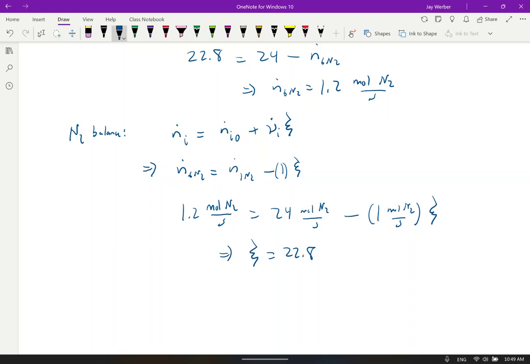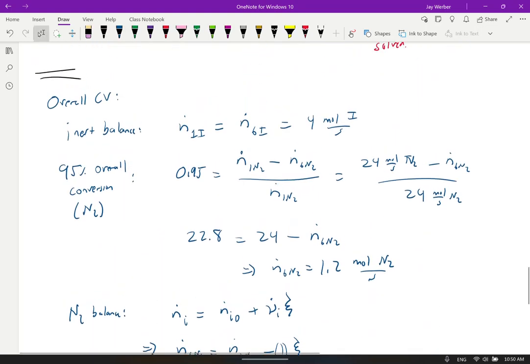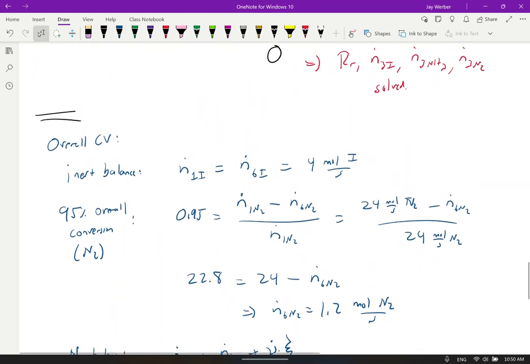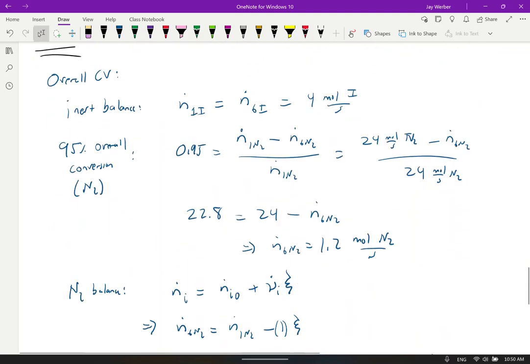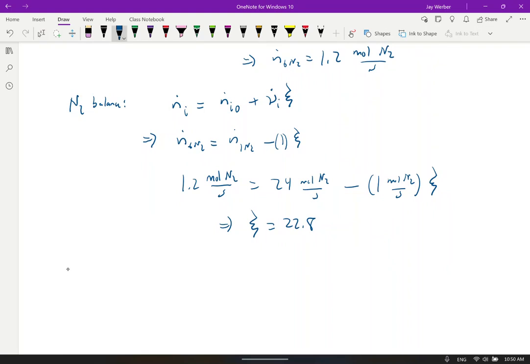So that is fabulous. So now we've solved for the inerts, we've solved for nitrogen, we solved for the extent of reaction. So the only other thing is ammonia. And in this case, we can use that same extent of reaction formula. So N4 NH3 is equal to 0 plus 2 times the extent of reaction.